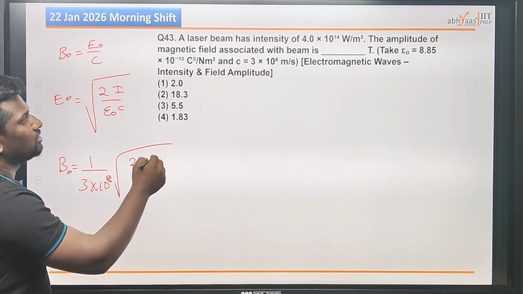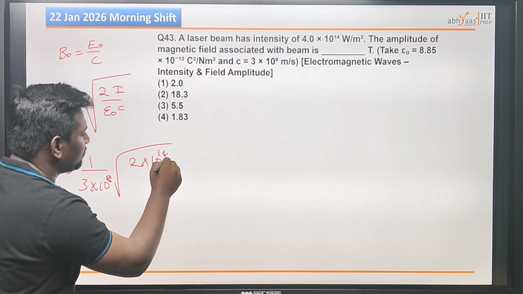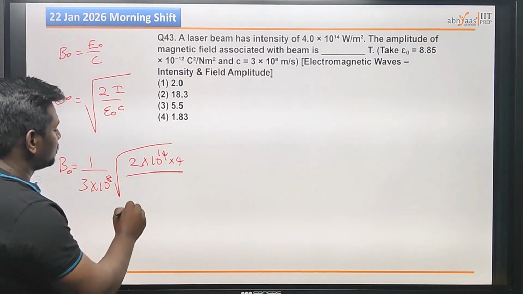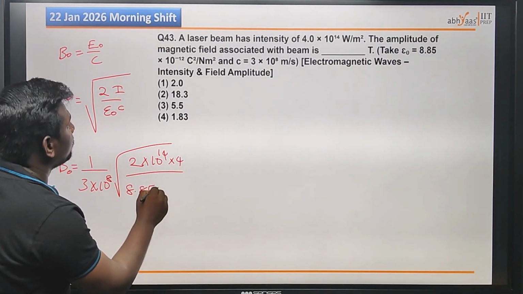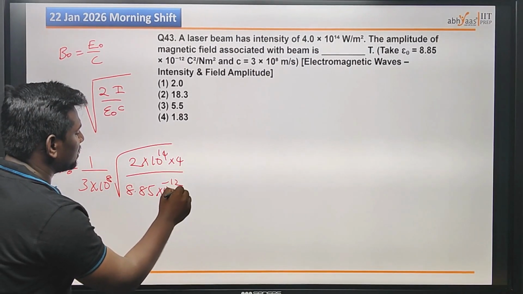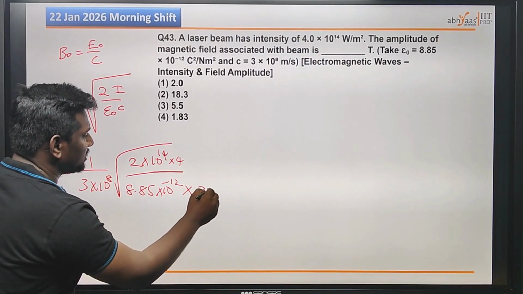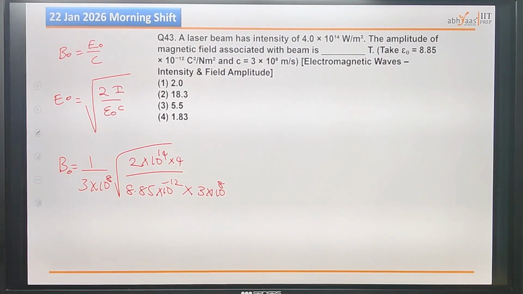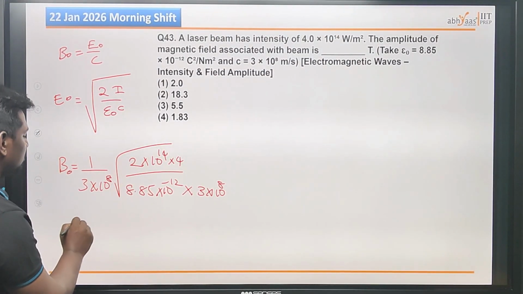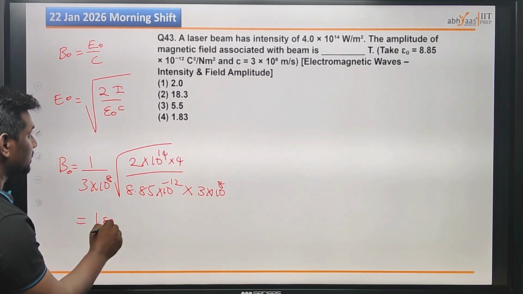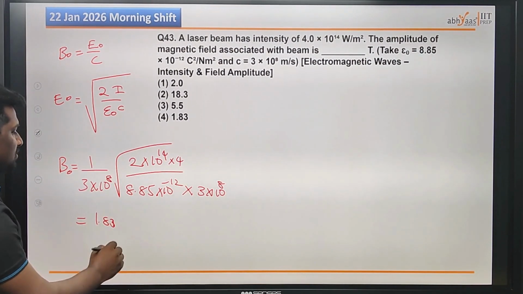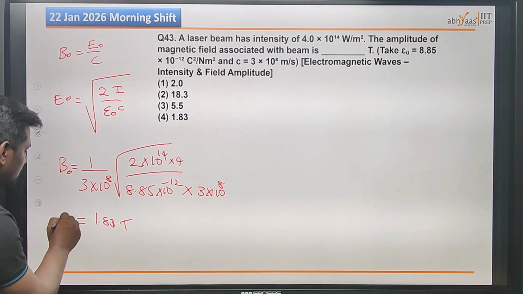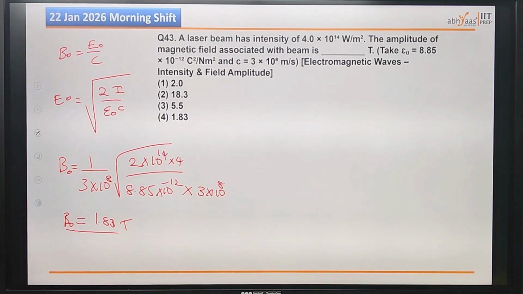I am writing in reverse, no need to get tension. So 8.85 into 10 to the power minus 12 into C, that is 3 into 10 to the power 8. If you calculate this entire thing, you are left with 1.83 Tesla. So this is your magnetic field amplitude.